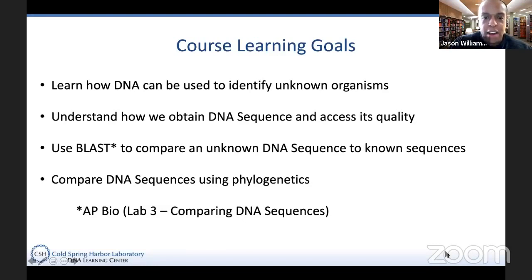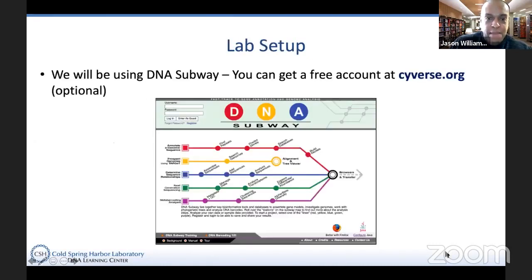Today, we're going to focus on BLAST, which is the computational method that we use to identify unknown DNA sequences. It's actually part of the AP Bio Lab 3 curriculum. Also, next week's episode, the last one in this series, is going to be comparing DNA sequences using phylogenetics. And then we'll announce a new series. We'll probably redo this one again so I get even better at it, but that's what's coming up.